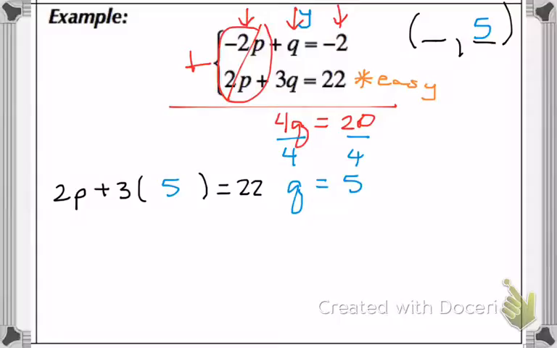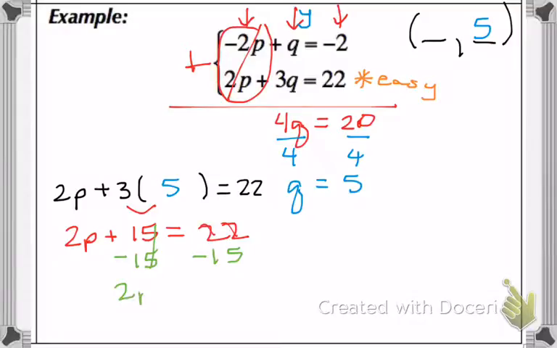Now just some quick solving. So 15, 2p. Those 2's just don't seem to want to write for me today. And minus 15. So 2p equals, let's see, what is that? 7.